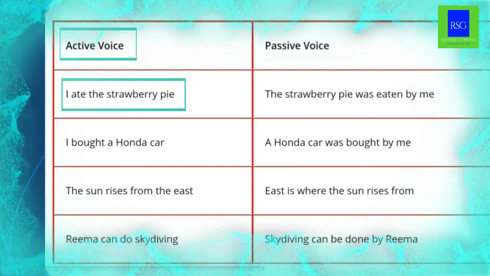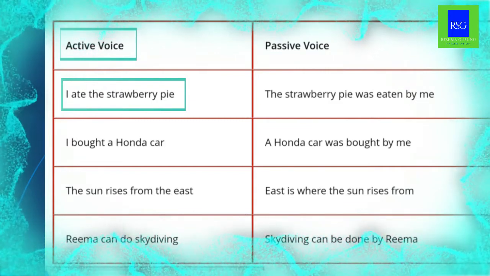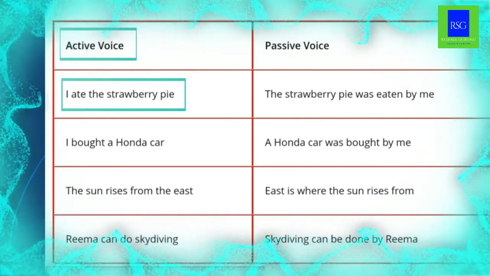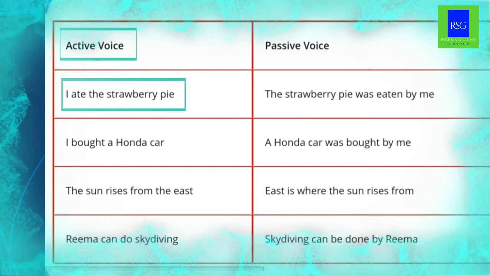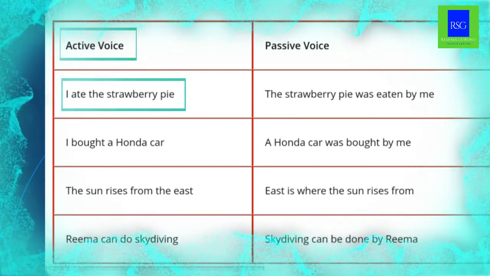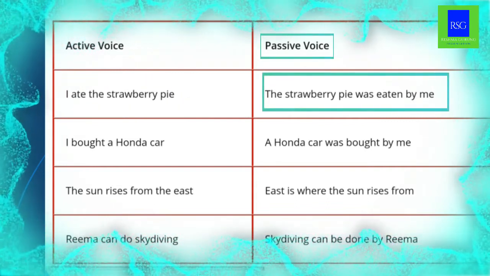I ate the strawberry pie. I is the subject, ate is the verb, and the strawberry pie is the object. So you've got to begin the sentence with the object, the strawberry pie, and the answer is: the strawberry pie was eaten by me.